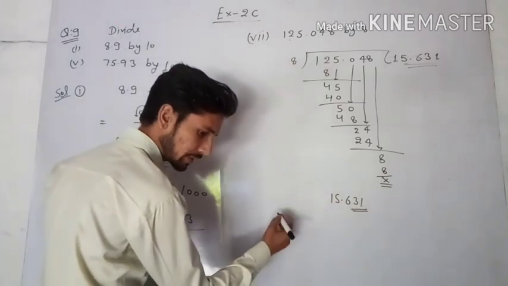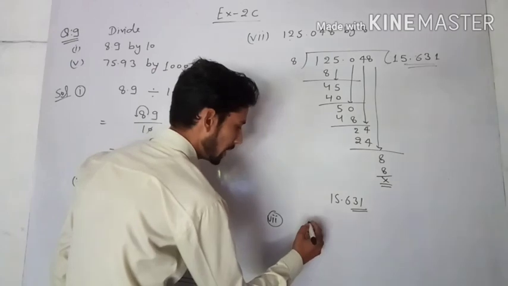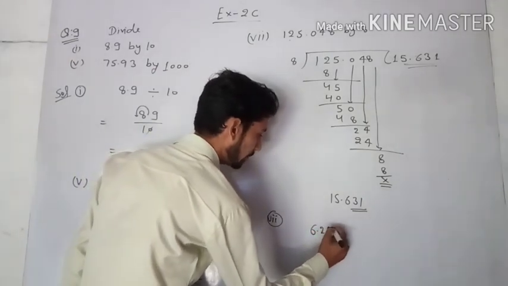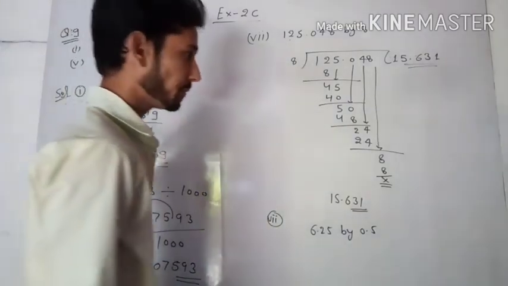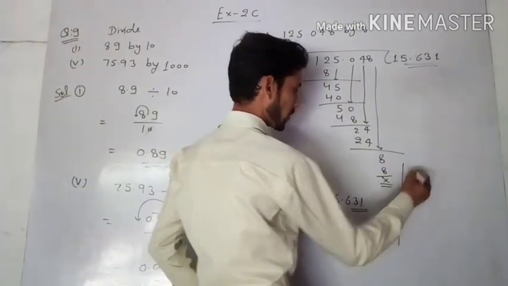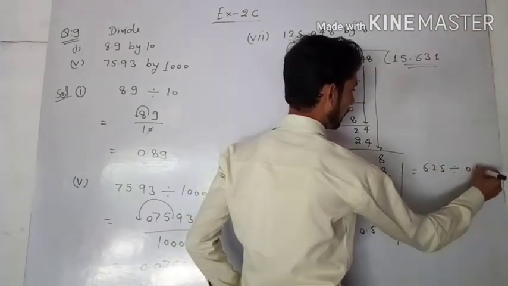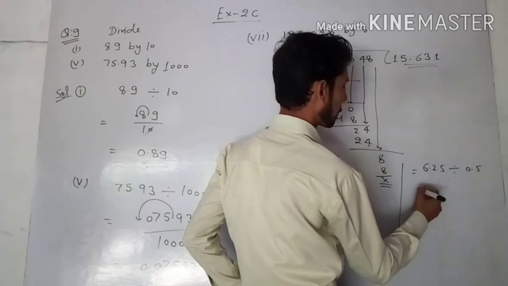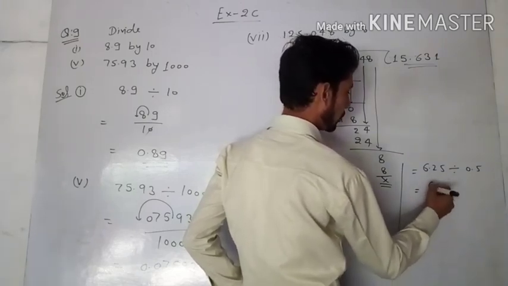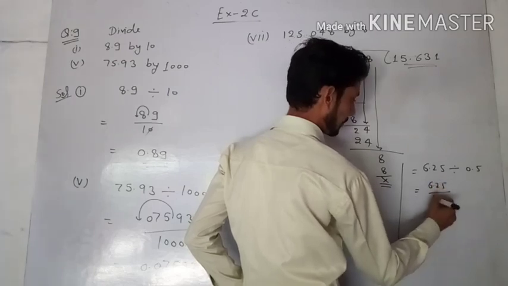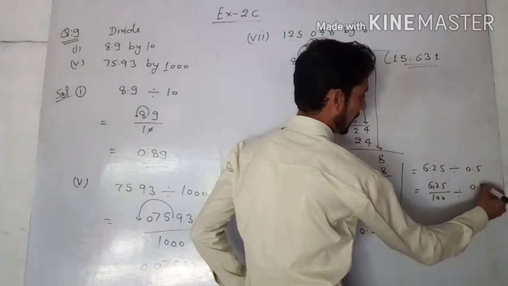Next, 6.25 divided by 0.5. So first we convert it into a fraction, divided by 0.5 upon 1.